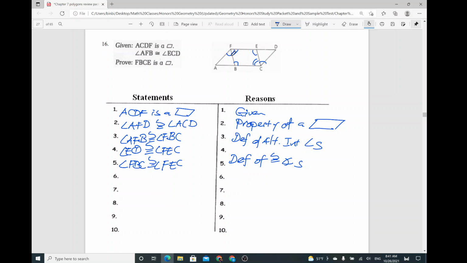So now, another thing that we notice for this angle right here, by using angle subtraction postulate, we'll get angle EFB: the measure of angle AFD minus angle AFB, so you'll get angle BFE.